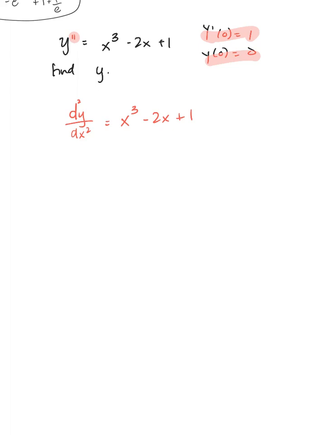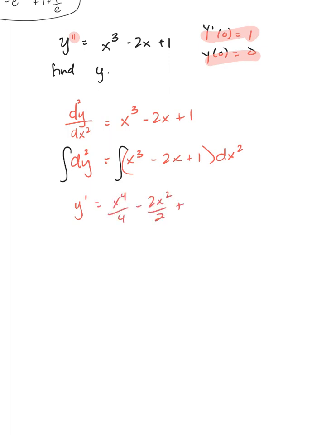And when I find the integral of both sides, I am actually only going to be at the first derivative. So y prime equals x to the fourth over 4 minus 2x to the second over 2 plus x plus c.